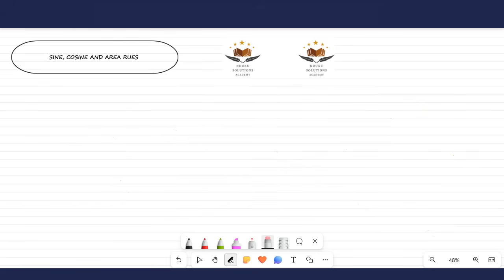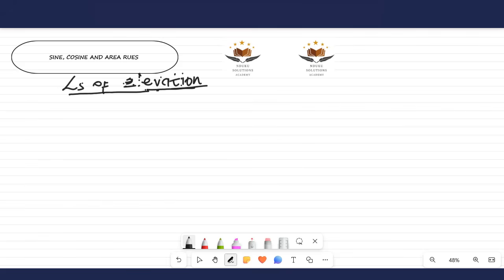The other concept that I want us to touch on before we dive into the sine rule is your angles of elevation. Hope this is clear. Now let us explain the concept of angles of elevation.